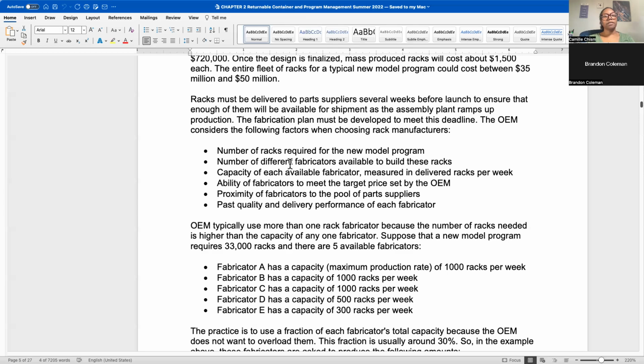So in the last homework assignment, we talked about how much space is required just for one day's worth of material. I think they have 400 trucks coming in for material every day. So just imagine with that, you're also bringing in 1,000 extra racks.